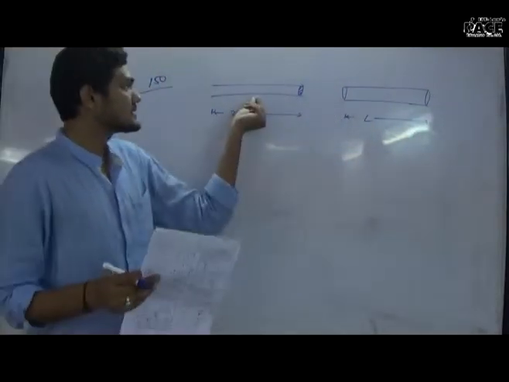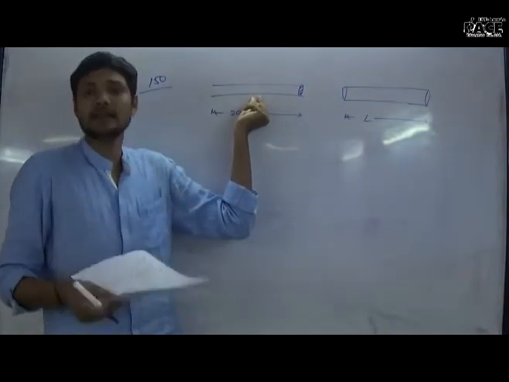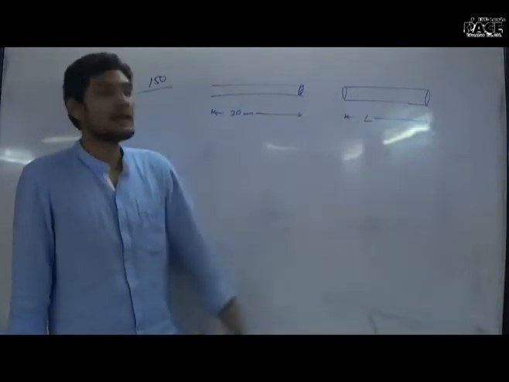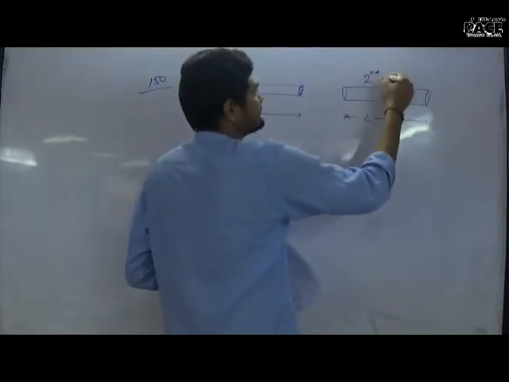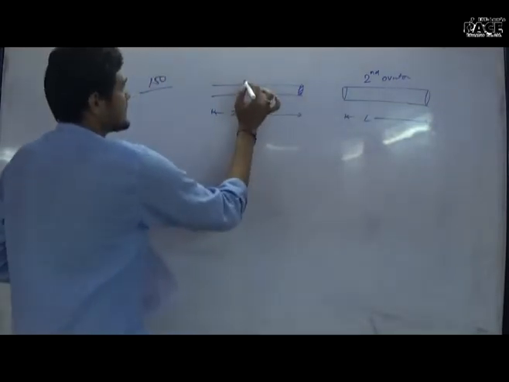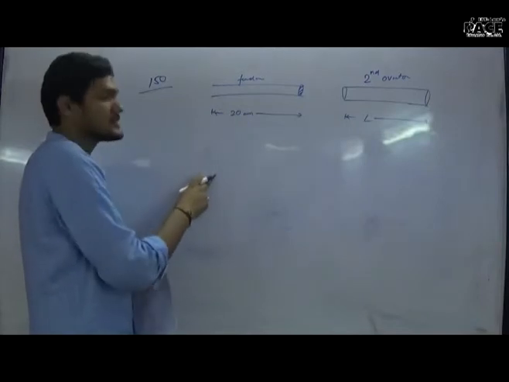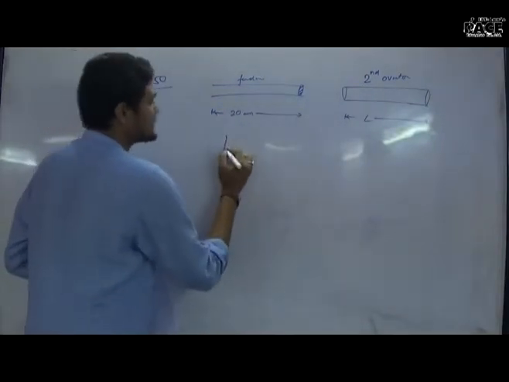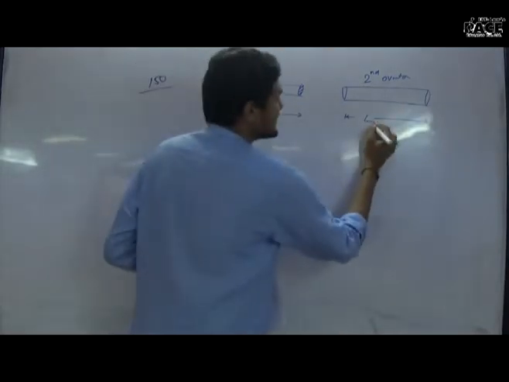This closed organ pipe oscillates in fundamental mode, and this open organ pipe oscillates in third overtone, actually second overtone. Let's call the lengths L1 and L2.